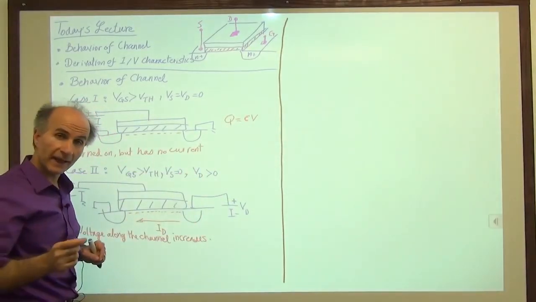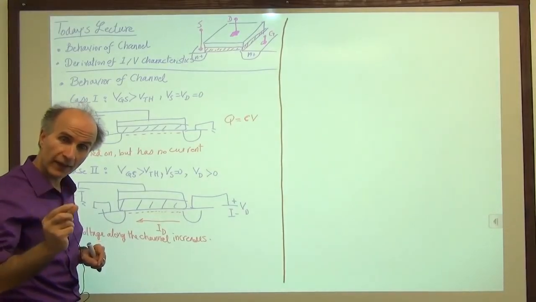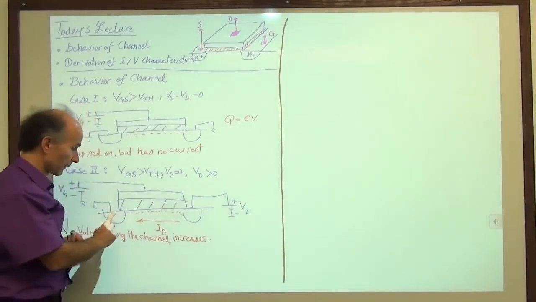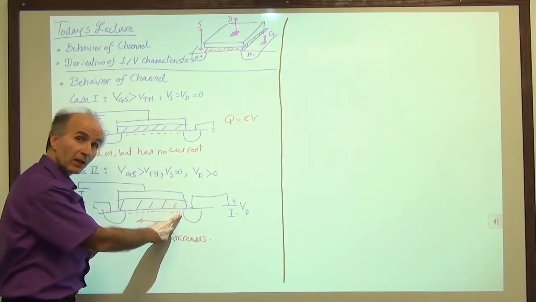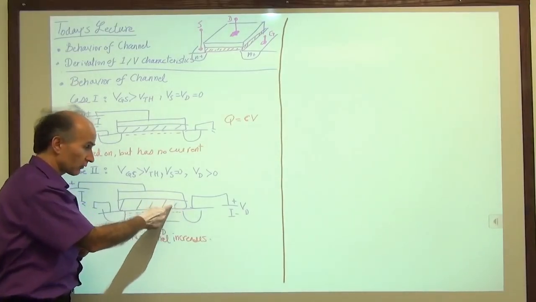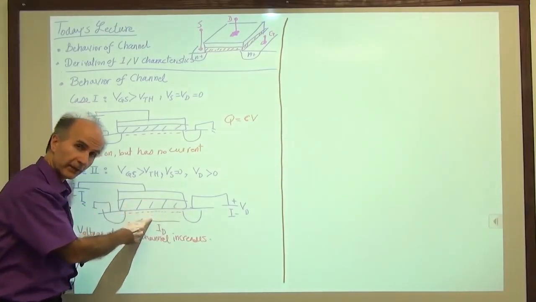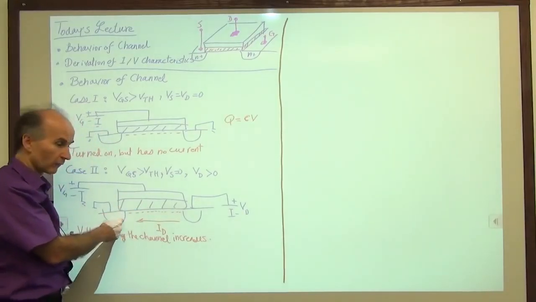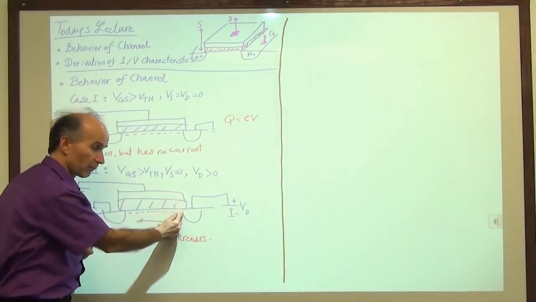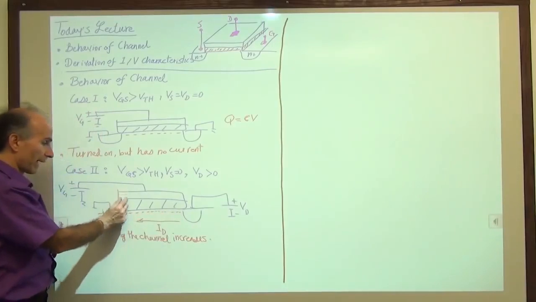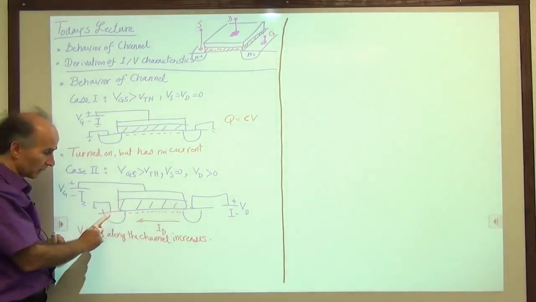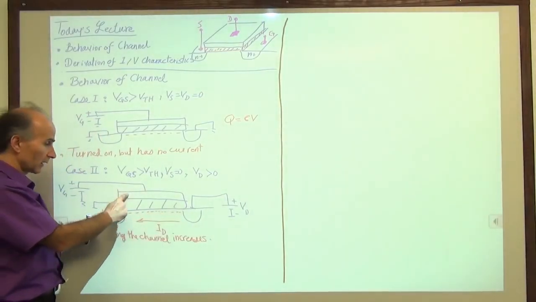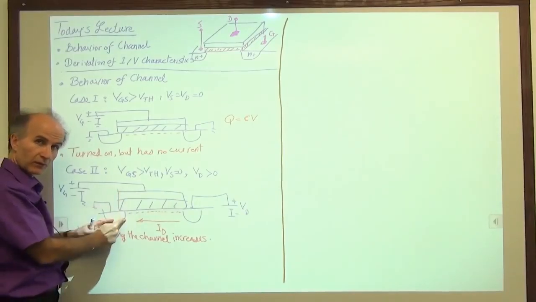So what's interesting is that the electron density of the channel varies from this side to this side because the voltage across the local capacitor varies. The voltage across the local capacitor is minimum here and maximum here, right? Because the source is at 0, the gate is at a certain voltage, so we have this much voltage difference.